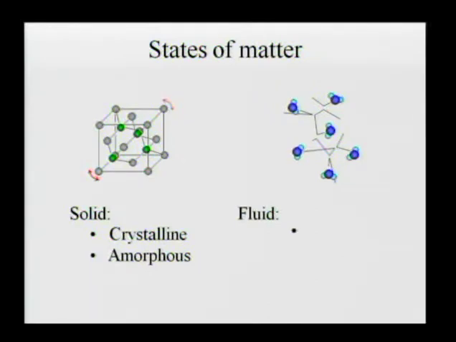Fluids, well, there are three types of fluids: liquids, gases, and plasma. In liquids, molecules interact relatively strongly. Water is, for example, a liquid, and here I made a drawing of water molecules.